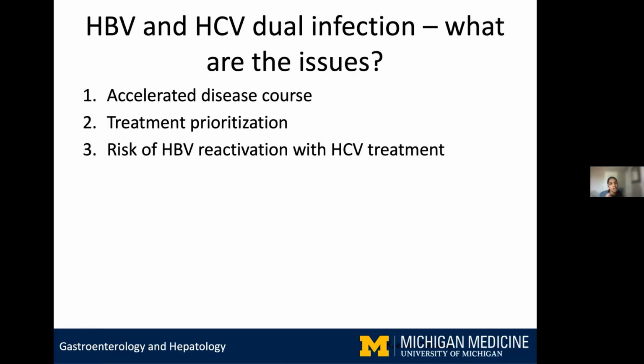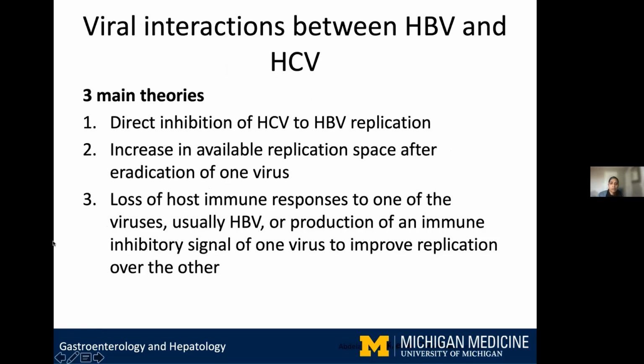Then I'm going to talk a little bit about the risk of reactivation of Hep B with Hep C treatment. There are viral interactions that occur naturally in patients who have both Hep B and Hep C. There can be direct inhibition of Hep B replication by Hep C, or an increase in available replication space after one virus is eradicated. So you treat the Hep C, it becomes undetectable, and that allows for more replication space.